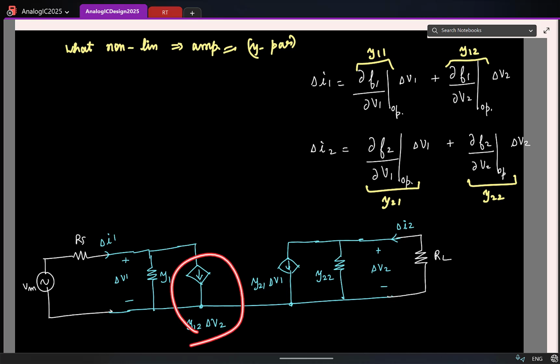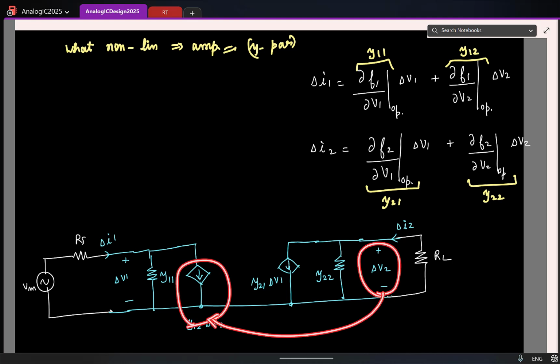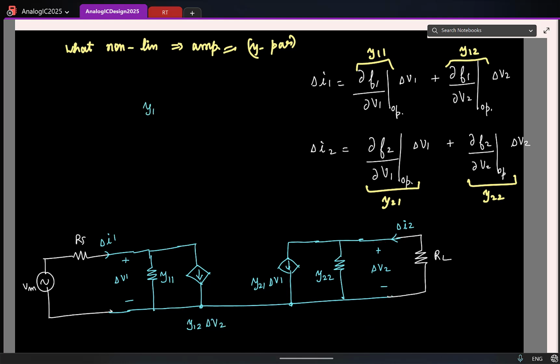Should it be present or not present? It should not be present. If it should not be present, what should be the Y parameter condition? This term should be 0. Is this clear? I am merely saying that for a good amplifier, you should have conduction only this way, whereas this current source is saying how much of the output is impacting the input. I don't want that ideally. So that straight away gives me Y12 equal to 0.